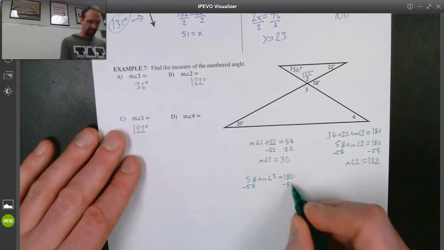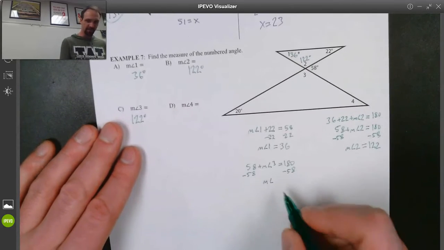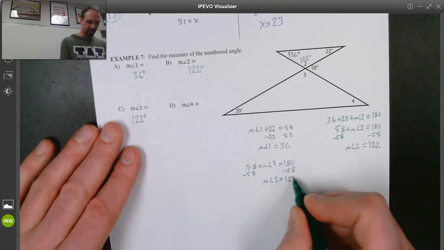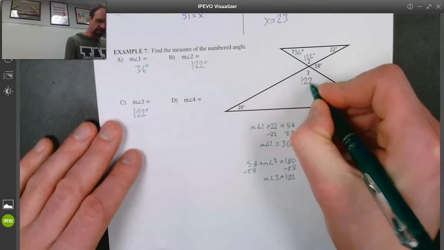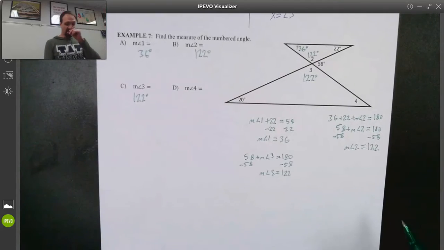So if I subtract 58 on both sides, I get the measure of angle 3 equals 122. There we go.